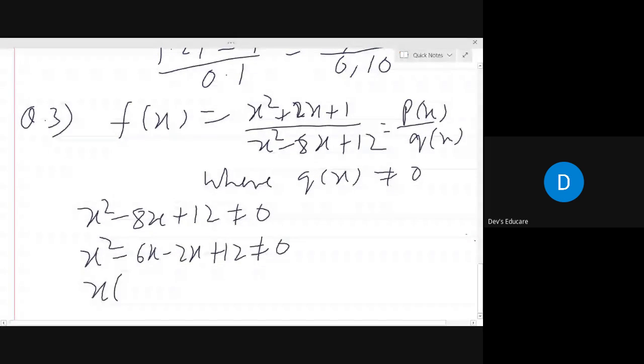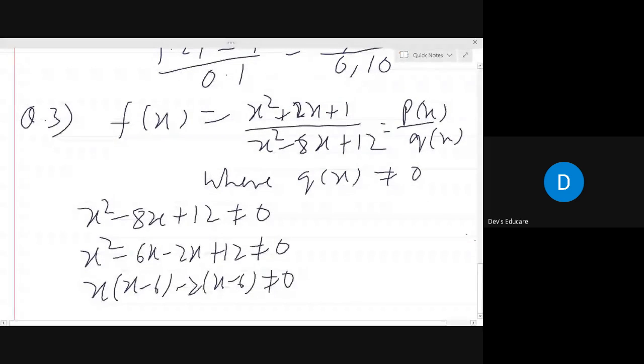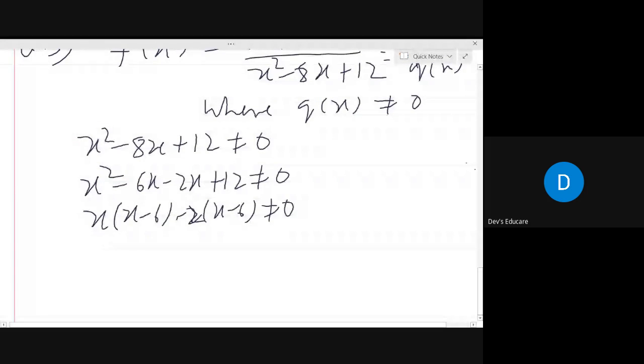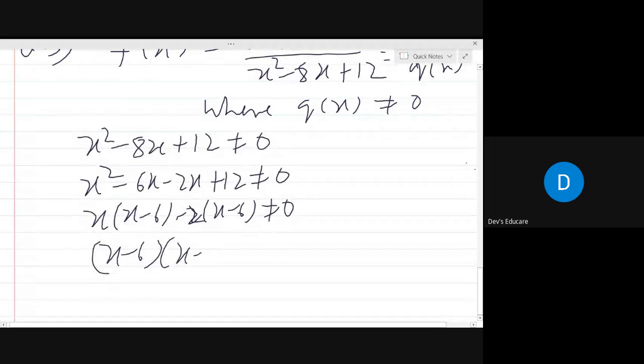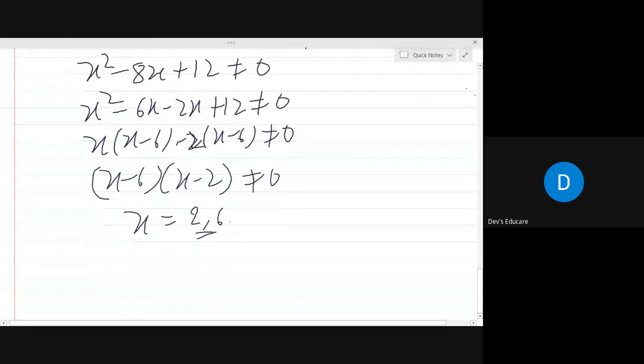Taking x common between these two terms, we have x minus 6, minus 2 times x minus 6, not equal to 0. So x minus 6 times x minus 2 is not equal to 0, and x equals 2 and 6. So we cannot have the value of x as 2 and 6.